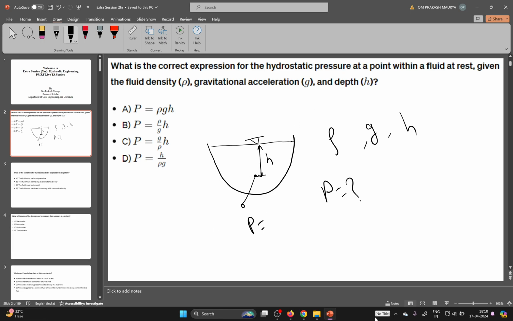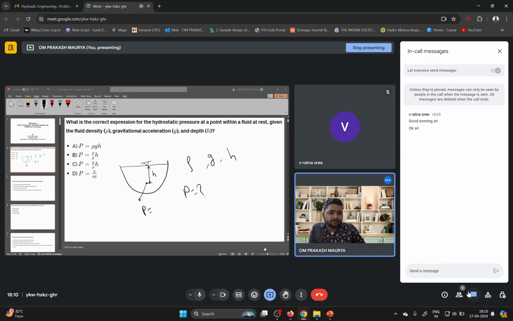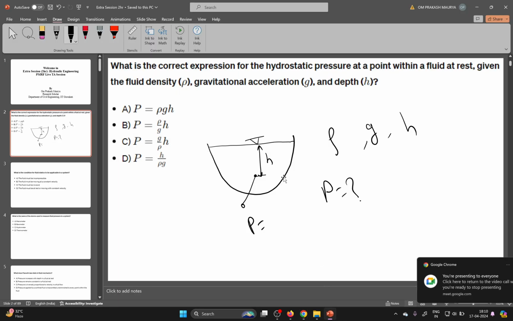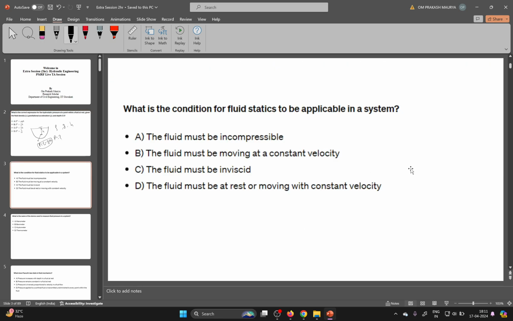You know this already, this is a very basic question. So the first option is correct, rho GH. Definitely, it will be the density of water times the acceleration due to gravity times the height of water, rho GH.